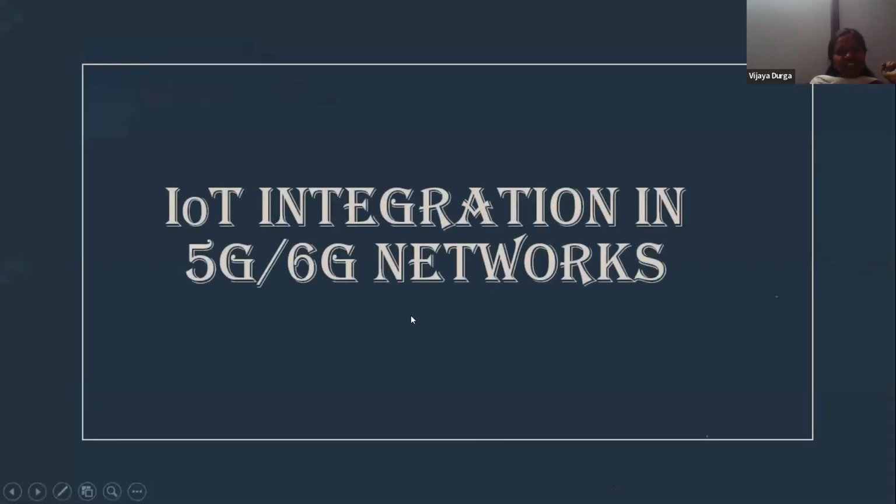Then IoT integration in 5G or 6G networks. IoT, as the name implies, is the Internet of Things, that means physical objects connected together. An IoT device consists of sensors that take the data, a processor that can process the data, and a wireless communication device.